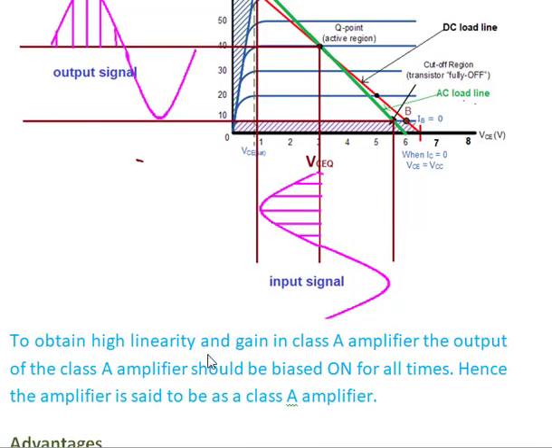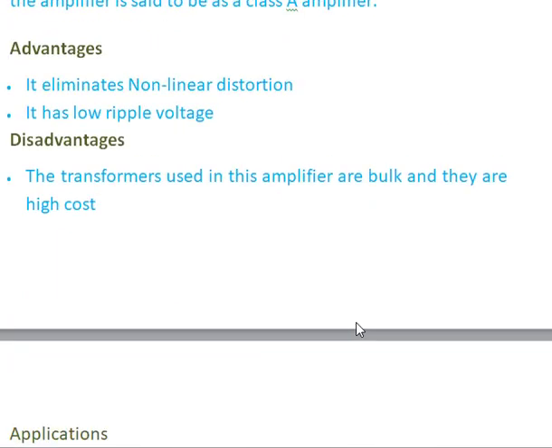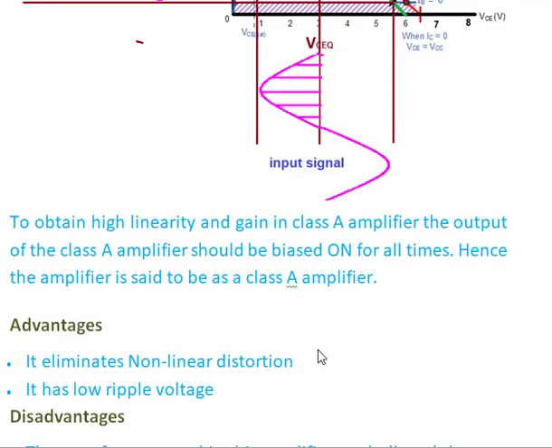To obtain this high linearity and gain in a class A amplifier, the output of the class A amplifier should be biased on for all times. It has some advantages and disadvantages. It is used to eliminate the distortions that appear in the amplification, and it has low ripple voltage.